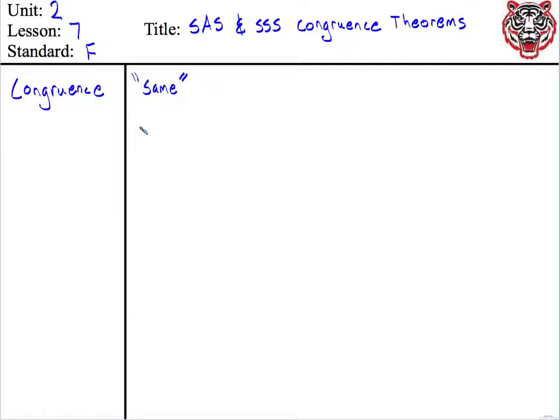So we don't really care about rotation, so we'll make a note here. Don't care about rotation. So when I say same, there are two things that need to be the same, 1 and 2.